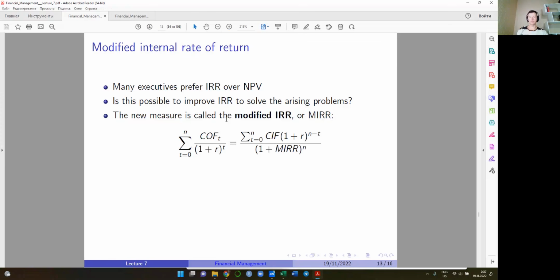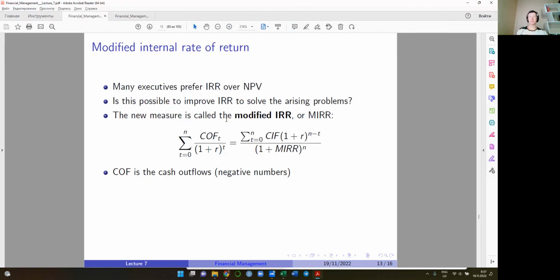The formula is much simpler than it looks. I guess you're looking at this formula and thinking, oh my god, there are so many elements there. There are sums, there is COF, whatever. We are managers, we don't want to do mathematics. It's very simple. COF, cash outflows, everything with negative numbers.